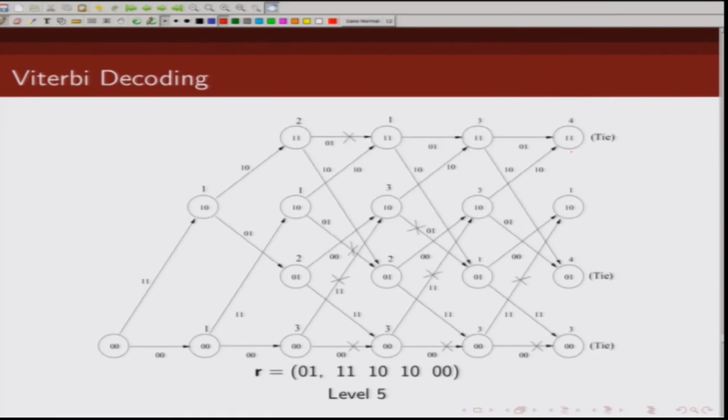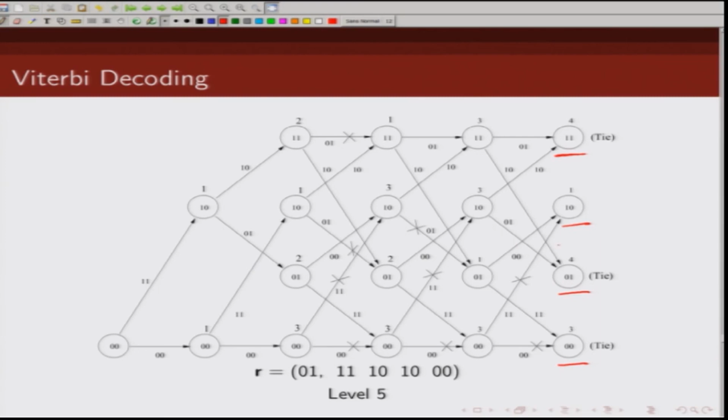So, again I repeat, at each time instance I am trying to compute the partial path metric at each of these states. And how do I compute the partial path metric at each of these states? It is the partial path metric at the previous time instance plus the branch metric corresponding to the transition which will bring you to that particular state.